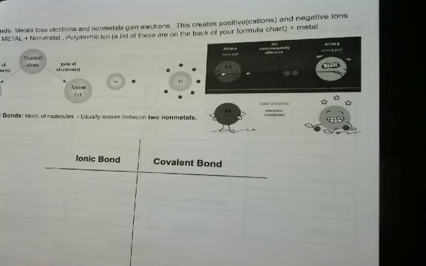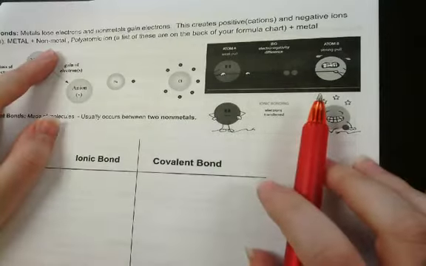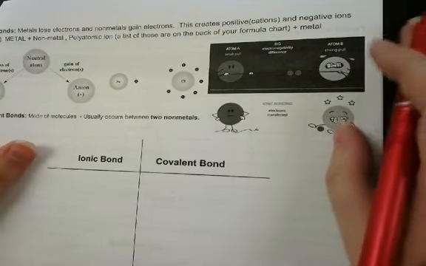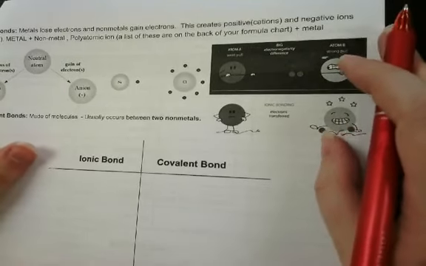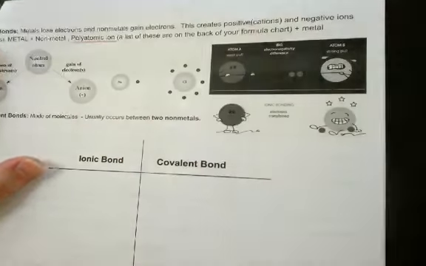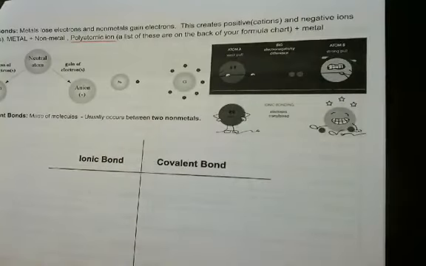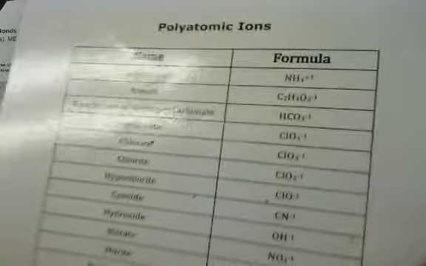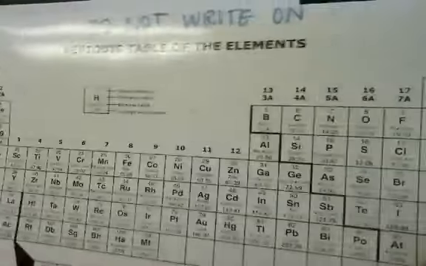Okay? Now you can have a metal and a non-metal, or you can have a metal and what's called a polyatomic ion. That sounds really big and fancy, what it just means is it's already a compound. So on the back of your periodic tables, you've got this list. On the front, you've got your periodic table, just like normal.